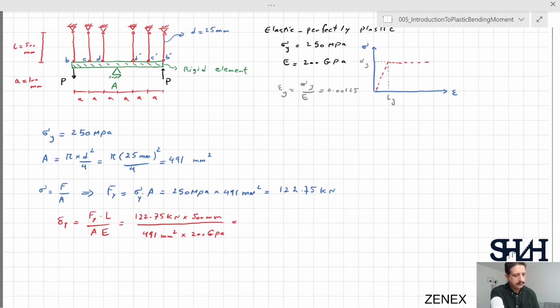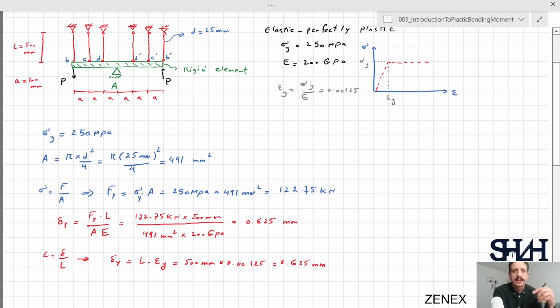So it is 0.625 millimeter. Or as far as epsilon is delta divided by length, we can calculate delta y equals L times epsilon y. So L is 500 millimeter times 0.00125, which is 0.625 millimeter.